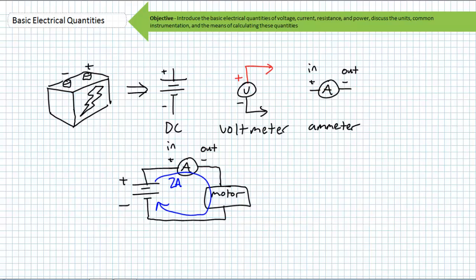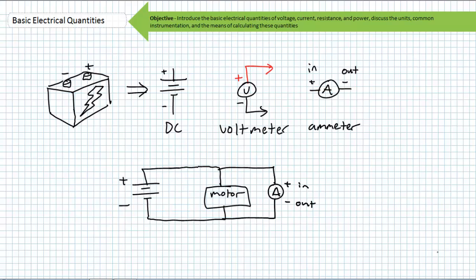If you accidentally swap the out door with the in door and vice versa, and now 2 amps are entering the out door and leaving the in door, the little dude inside the ammeter just thinks 2 amps are leaving and writes negative 2 amps on the ammeter screen. The take-home point is, notice current must flow through the ammeter. The magnitude's the same, it's just your reference is messed up.